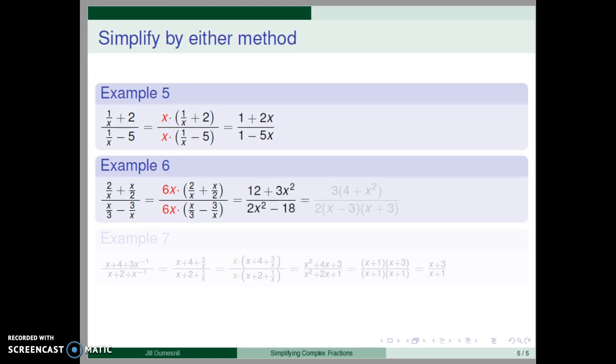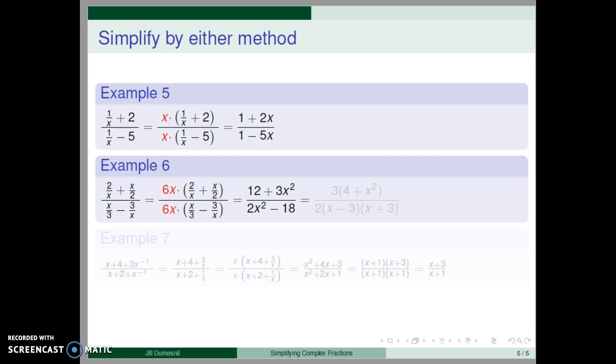When we distribute the 6x on top, we get 12x over x, which reduces to 12, plus 6x squared over 2, which reduces to 3x squared.